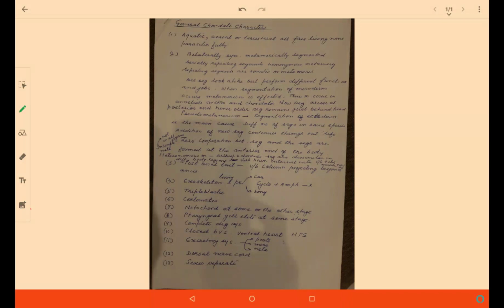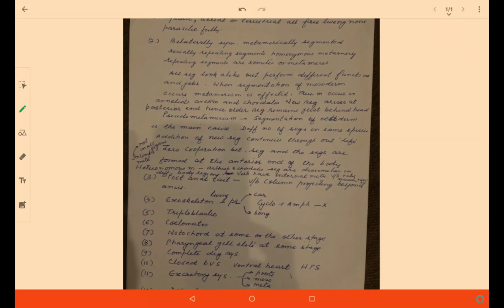As far as symmetry is concerned, majorly they are bilaterally symmetrical and metamerically segmented. The metameric segmentation is serial repetition of segments. These segments are called as somites or metameres. All the segments, they look alike but perform different functions and jobs.